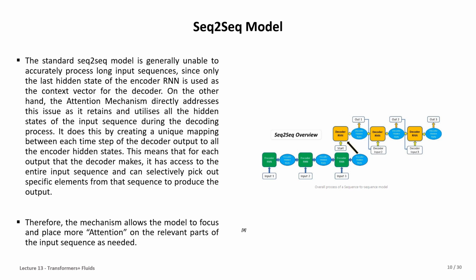This means that for each output the decoder makes, it has access to the entire input sequence and can selectively pick out specific elements from that sequence to produce the output. In this regard, the mechanism allows the model to focus and place more attention on the relevant parts of the input sequence as needed.